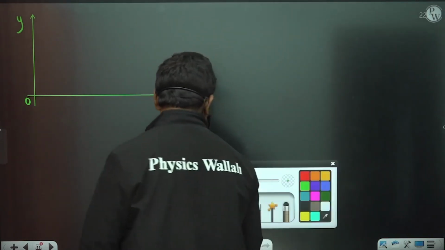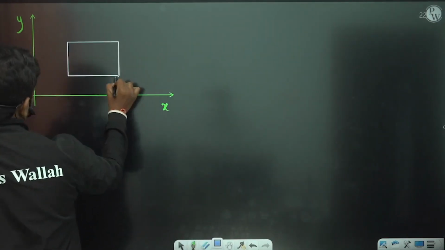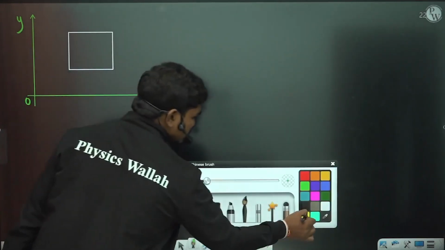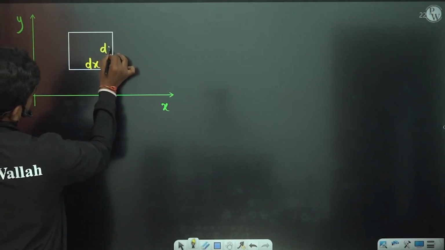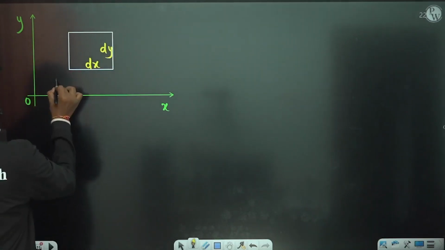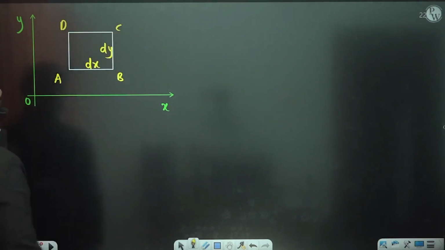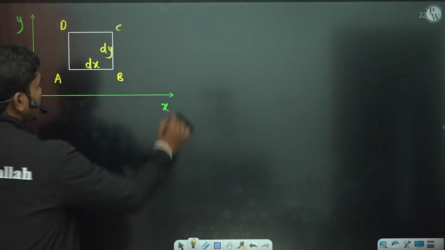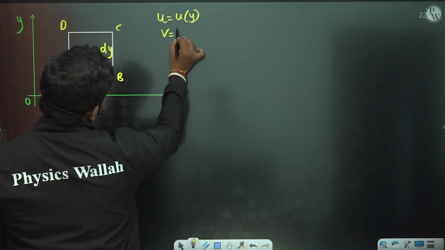If you take some small block of length dx and length dy, and let us suppose the velocities are a, b, c, d, then the rotation of this element will take place if u is a function of y and v is a function of x, correct?